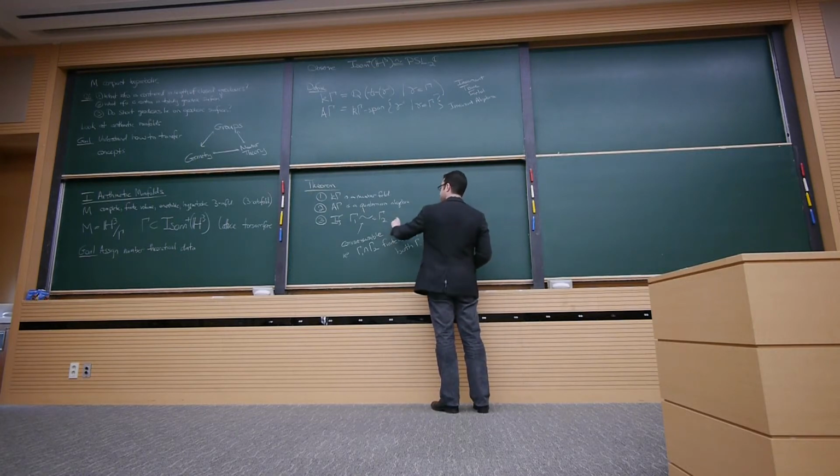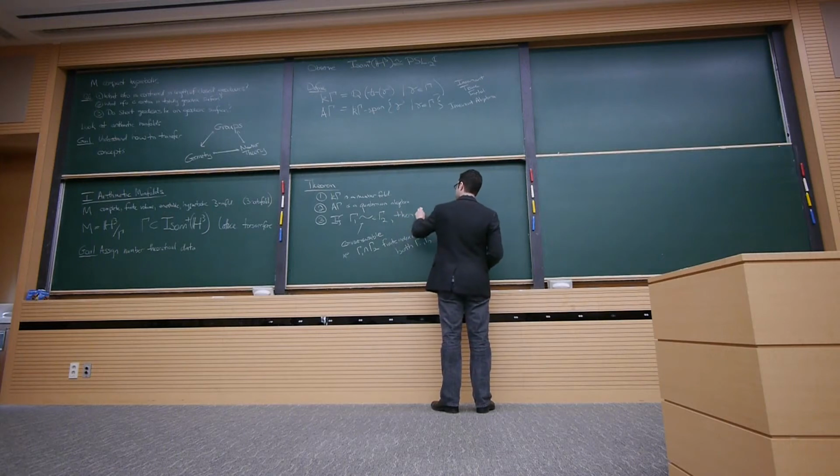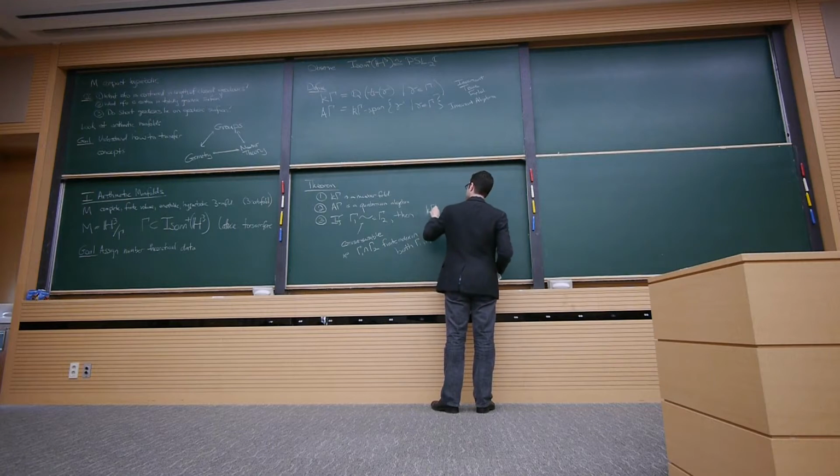Okay. So if they're commensurable, then they have the same trace field, the same algebra.